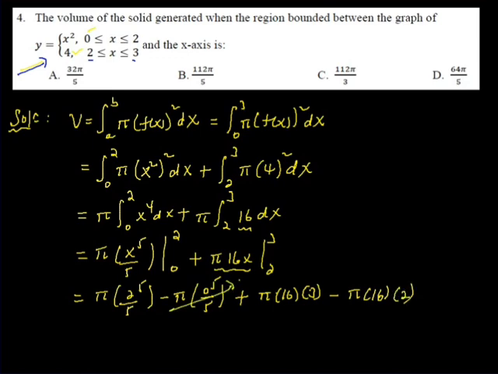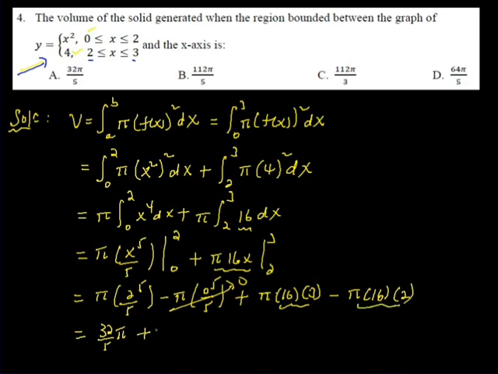Now this becomes 0, and 2 to the power of 5 is 32, so this is 32 over 5 pi plus, this is 48, and this one is 32.